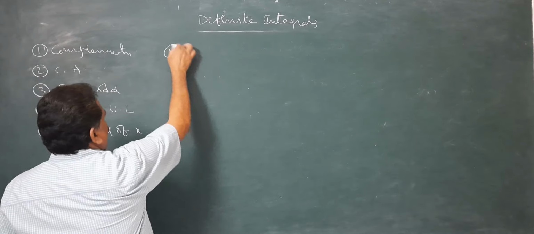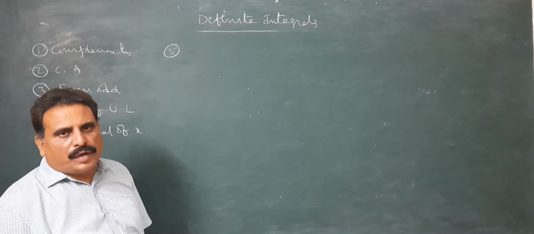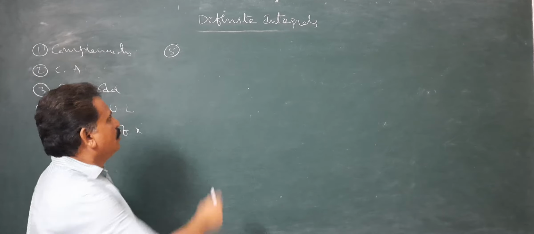Now the last property in this part, that is the fifth property, removal of x.